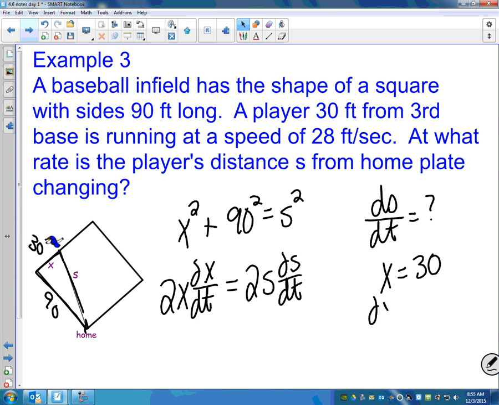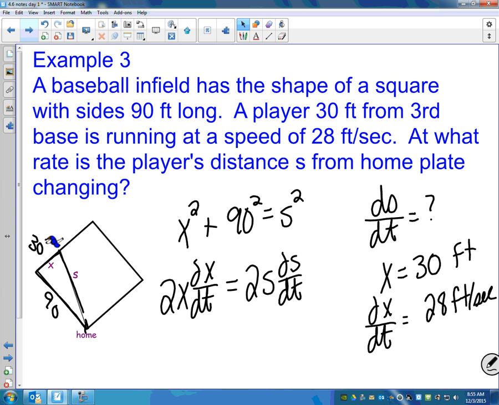Do I know the dx over dt? Do I know s? I can find it, right?